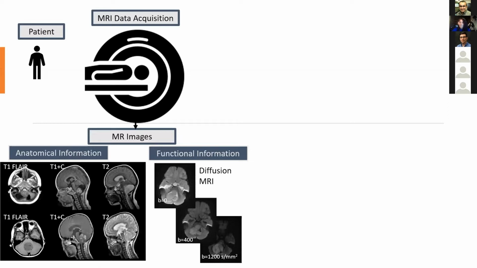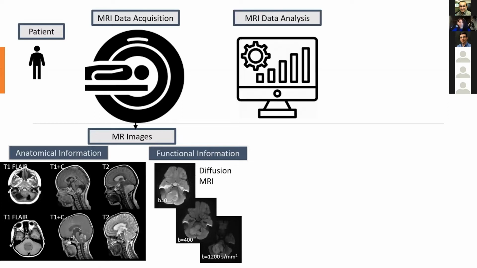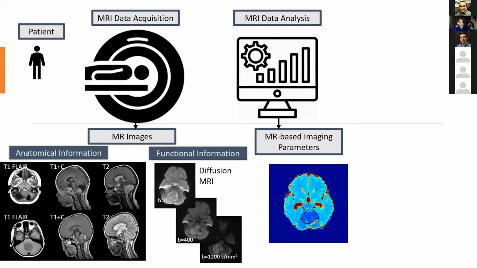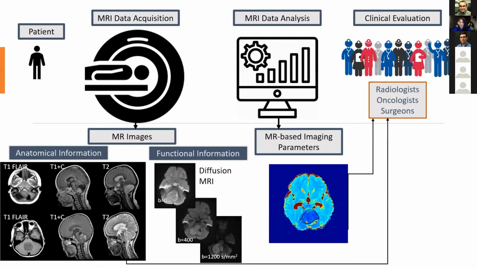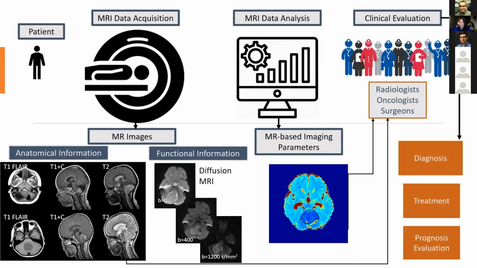Unlike the anatomical ones, these types of images need to go through an additional step for MRI data analysis to produce MR-based imaging parameters. These images are then evaluated by a team of clinicians who then make important decisions such as diagnosis, treatment, or prognosis evaluation.